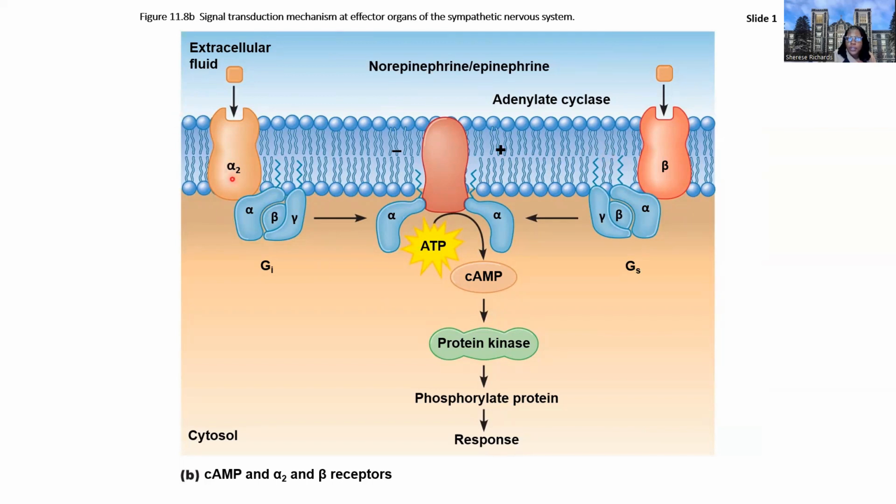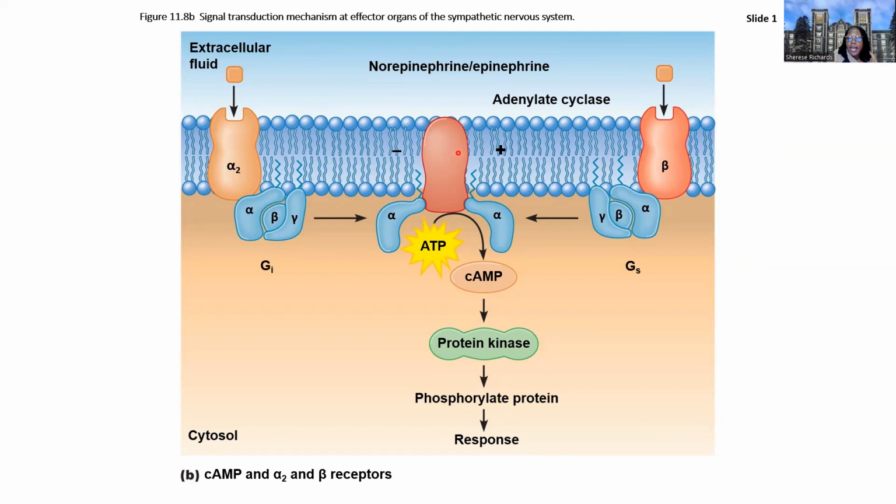Let's start with alpha 2. So alpha 2 will bind to norepinephrine or epinephrine. In this case, it is coupled to a G inhibitory protein. So when that binding happens, this is going to inhibit this whole process. The inhibition means that the alpha subunit inactivates adenylate cyclase. So the negative sign here means that this is inactivated.